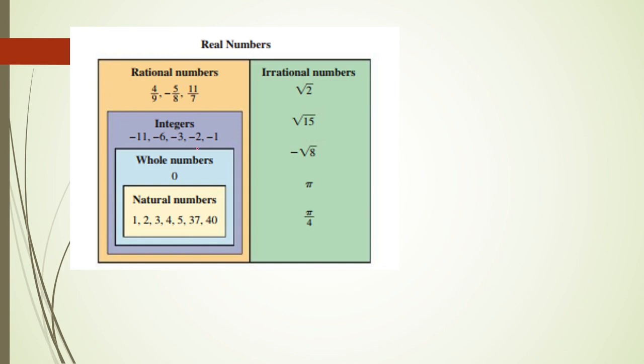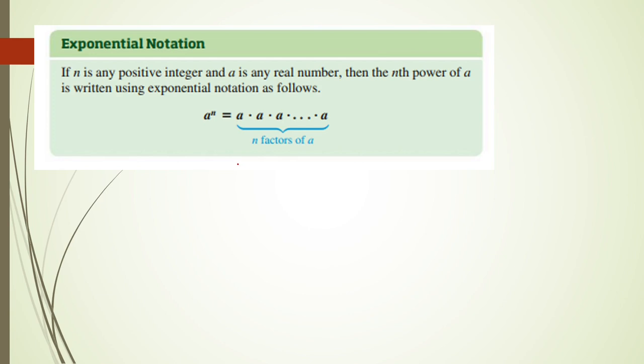Integers, we're adding the negative whole numbers in addition with the natural numbers. For the rational numbers, those are just fractions, any fractions, including negative fractions. On the other side, we have the irrational numbers. These are numbers that are real numbers that can't be written as fractions, but they can be drawn on the number line somewhere. Let's review exponential notation.